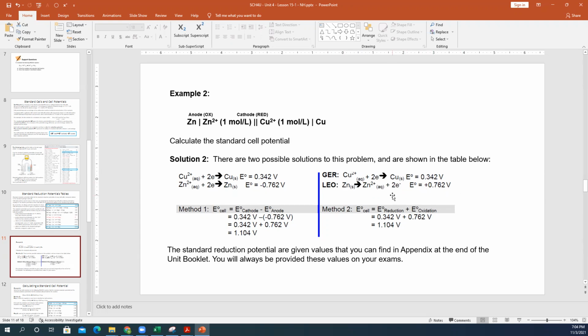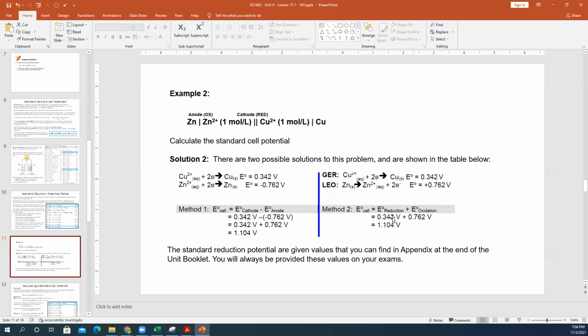By reversing that reaction and writing it as an oxidation, you also have to change the sign of the voltage for the standard cell potential, so it becomes a positive sign. Using this method, the cell potential is the reduction potential plus the oxidation one. So you get 0.342 plus 0.762, and it becomes 1.104.